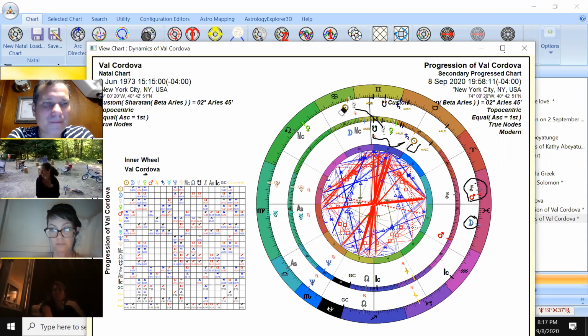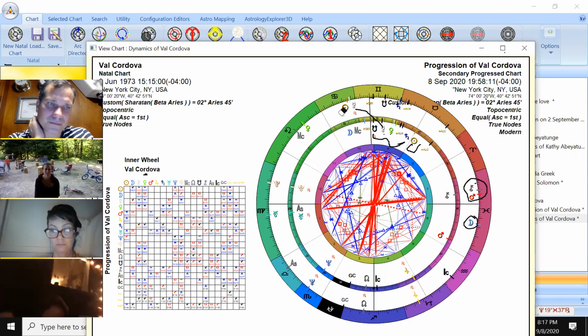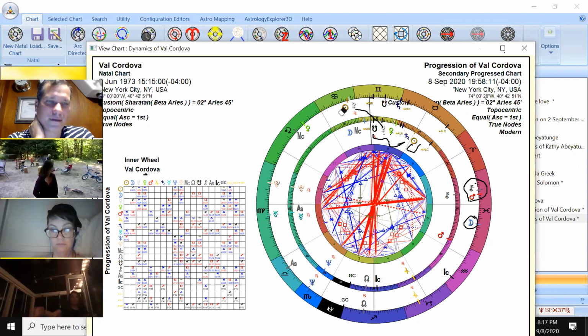And my next question is, in my chart in particular, my Jupiter is exactly conjunct my natal sun. Could I read that in the book as well? Yep.